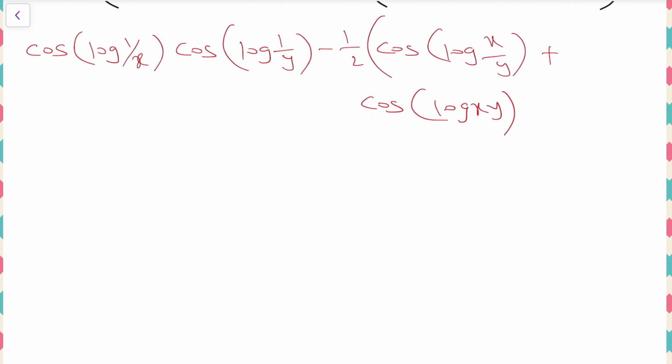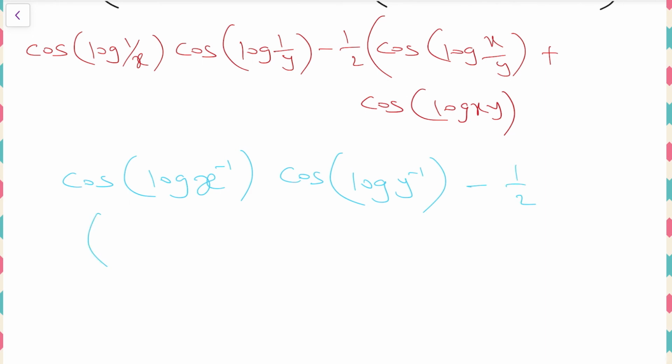Now if you observe, cos of log 1 by x is nothing but cos of minus log x, cos of log 1 by y is cos of minus log y, minus half into cos of log x by y is nothing but log x minus log y, plus cos of log xy, that is nothing but cos of log x plus log y.